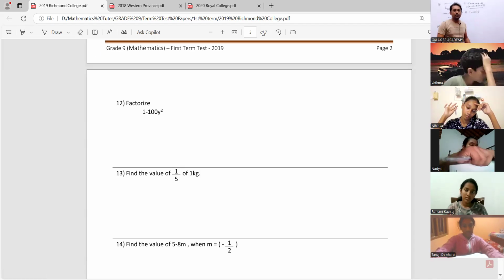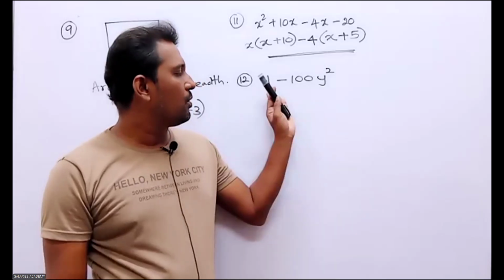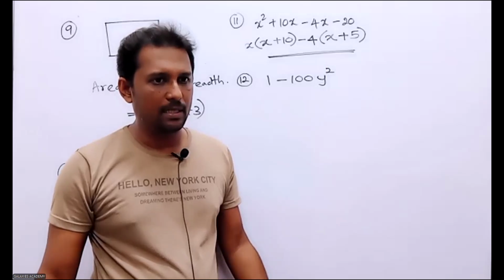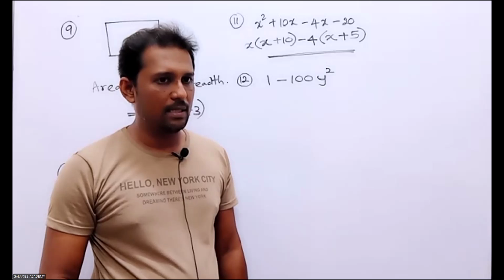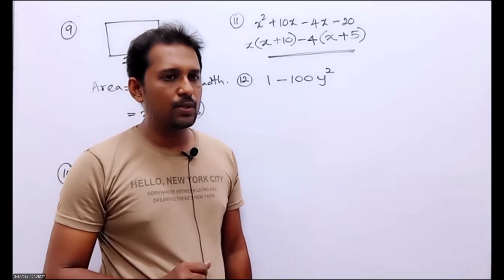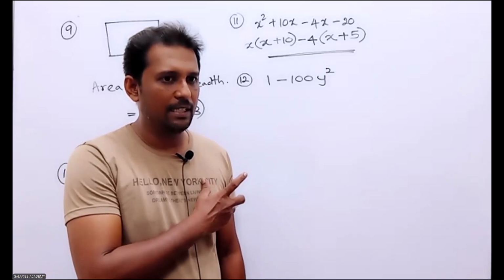Which theory can you apply for this? There are no common terms for these two terms, right? So what can you do? There are two terms you can see. I can use the difference of two squares theory. Can you see it here?